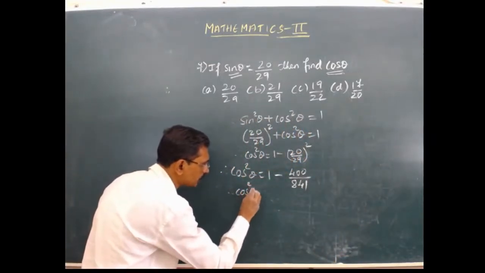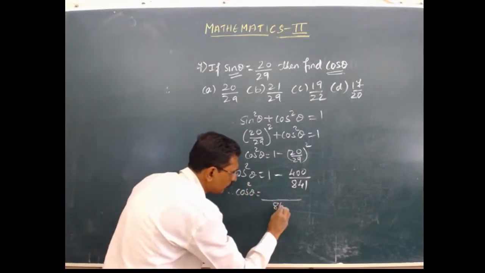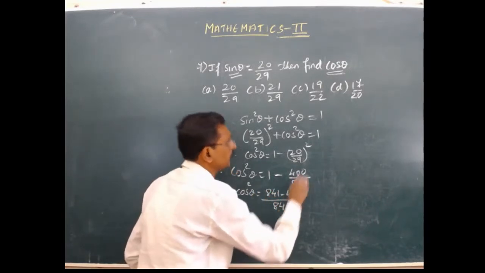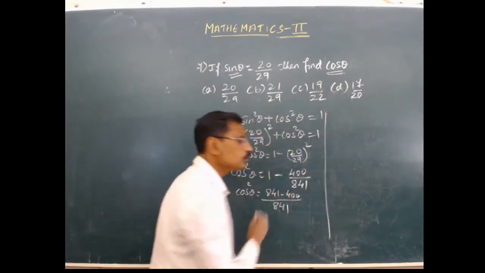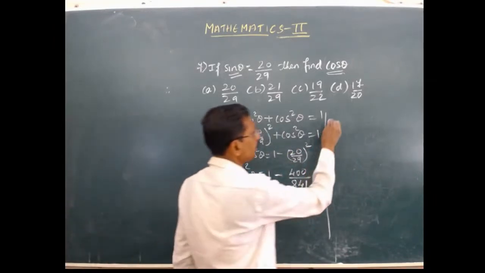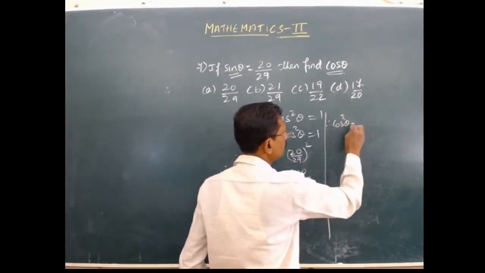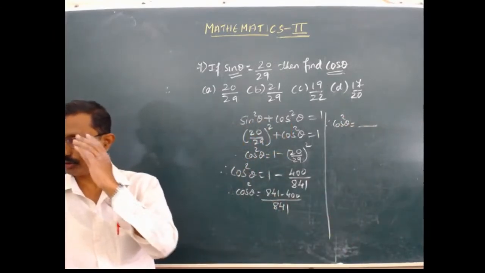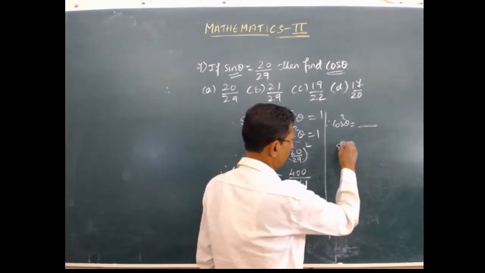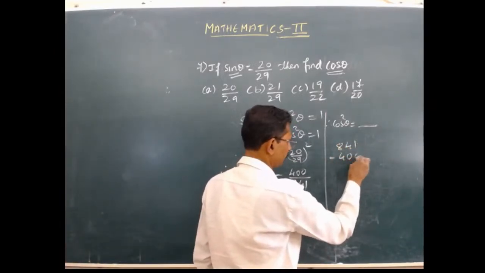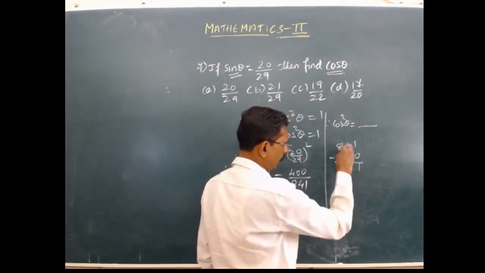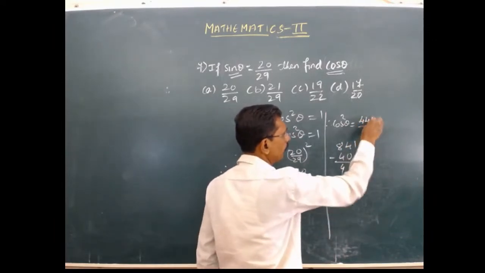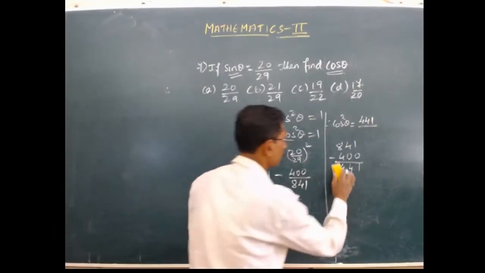Therefore, cos square theta is equal to 841 minus 400 over 841. If I do that, let's see what I am getting. 841 minus 400 gives me 441. So 441 upon 841.